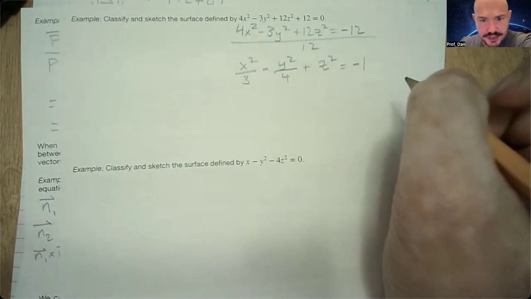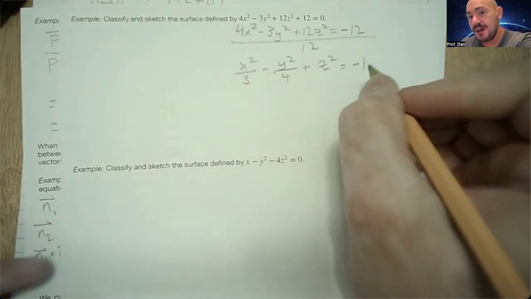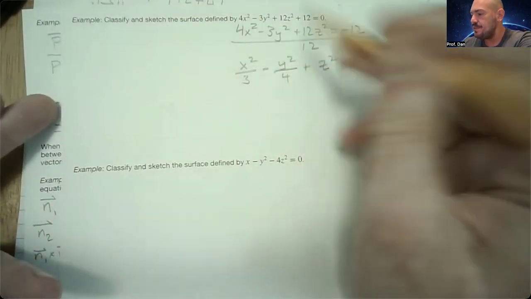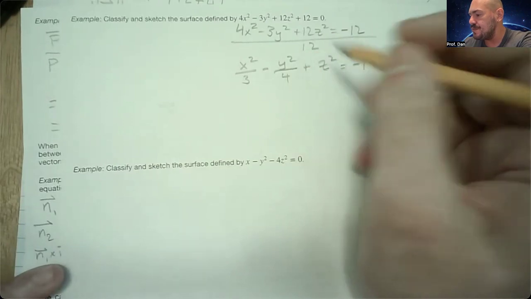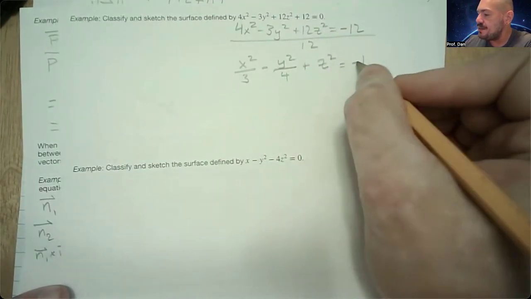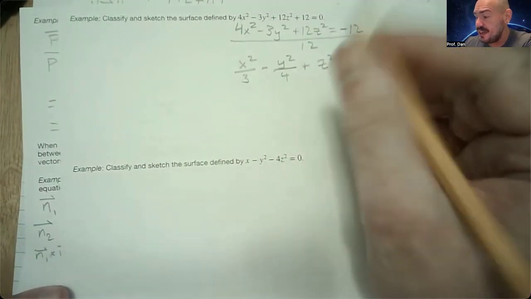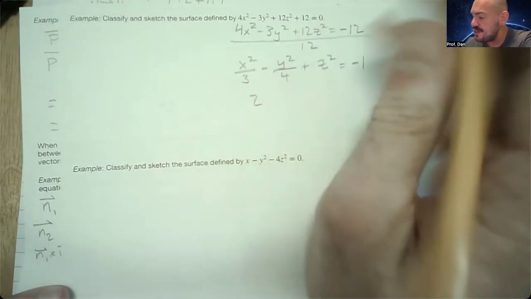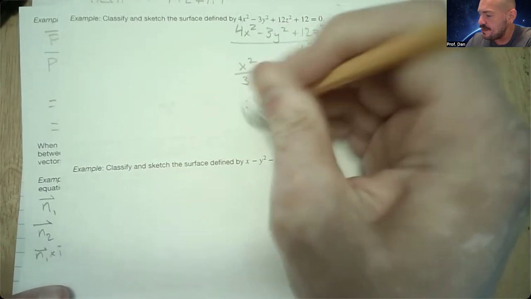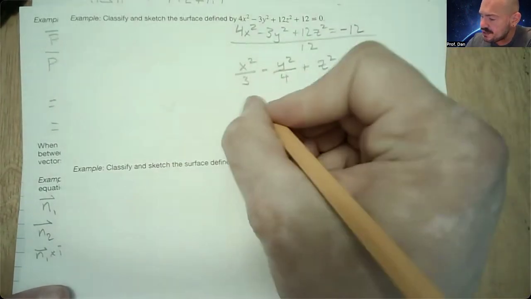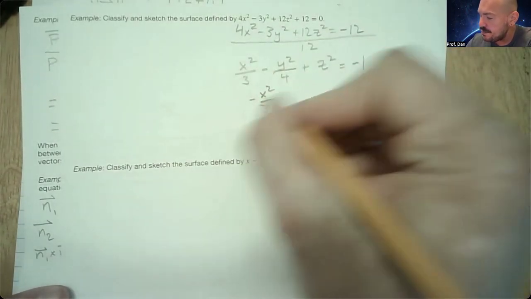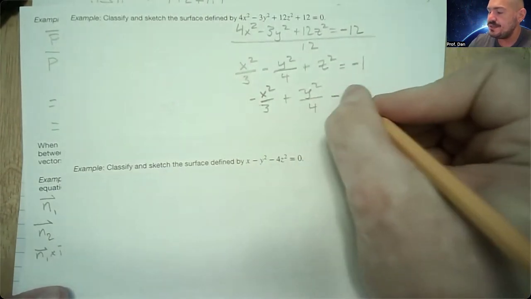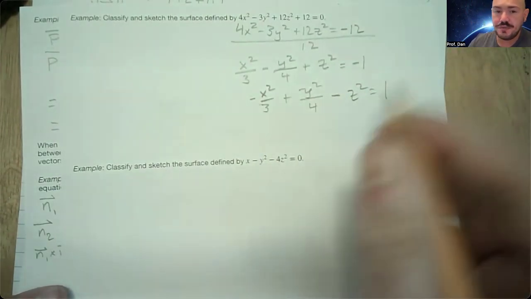Still not quite in standard form, because I need this to be a positive 1 to be able to classify the type of surface. So I'm going to divide everything by -1. So I end up getting negative x squared over 3 plus y squared over 4 minus z squared equal to +1.